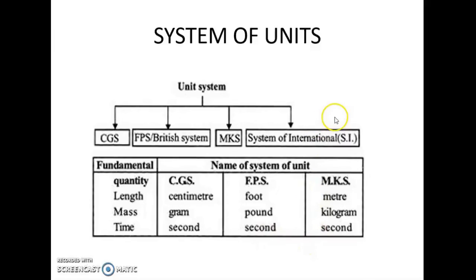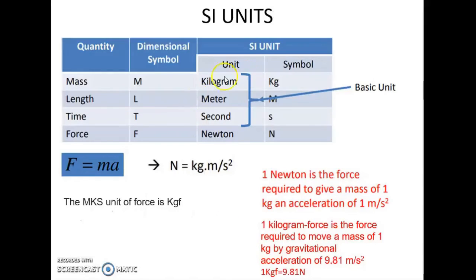Now let us see how SI system is different as compared to MKS system. In case of SI system, or it is also called as International System of Units, mass is expressed in kilogram, length is expressed in meter, and time is expressed in seconds.